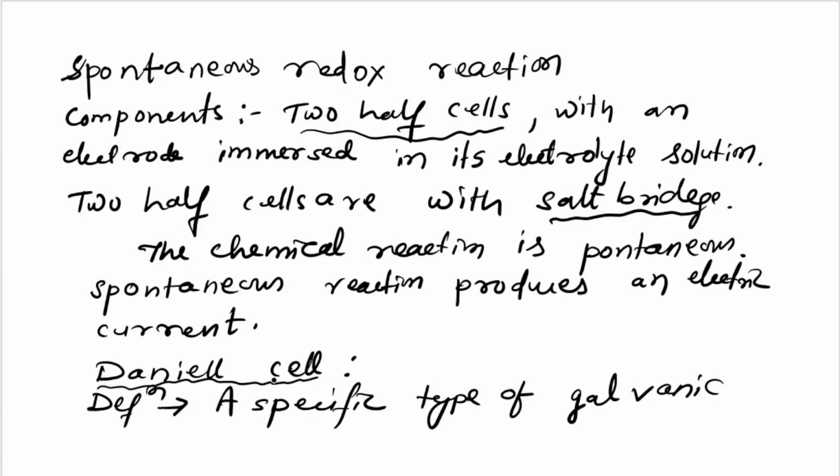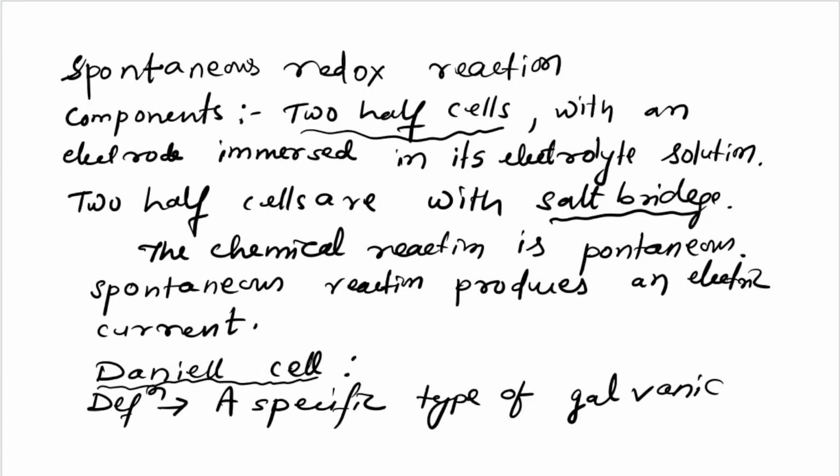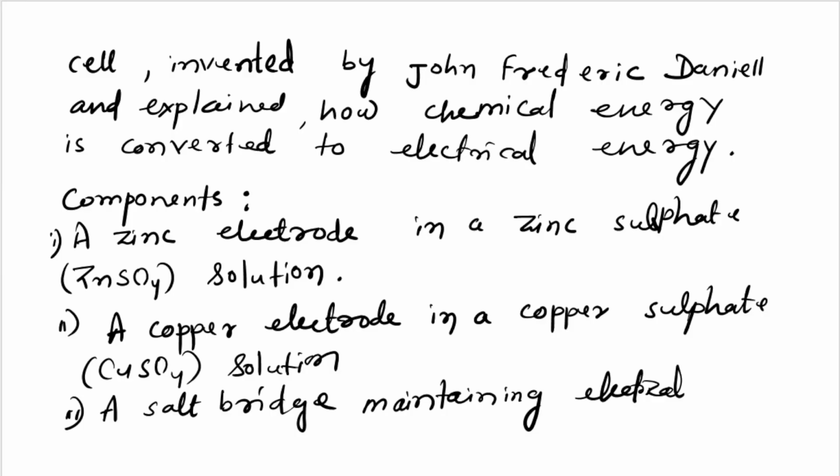Then come to Daniell cell. Daniell cell is one type of galvanic cell where you will see copper in copper sulfate and zinc in zinc sulfate. It is a type of galvanic cell invented by John Frederick Daniell, and it explains how chemical energy is converted to electrical energy.